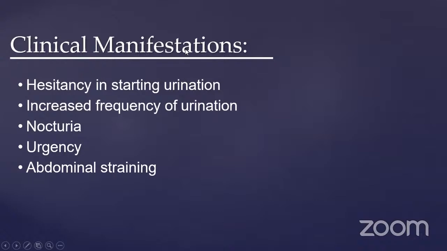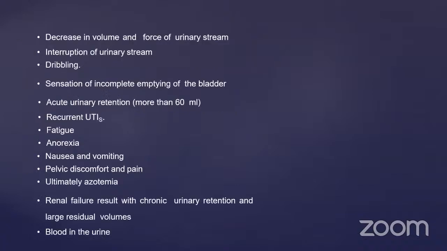The clinical manifestations of benign prostatic hypertrophy are hesitancy in starting urination, increased frequency of urination, nocturia, urgency during micturition, and abdominal straining. Decrease in volume and force of urinary stream, interruption of urinary stream, dribbling of urine, sensation of incomplete emptying of the bladder, and acute urinary retention.